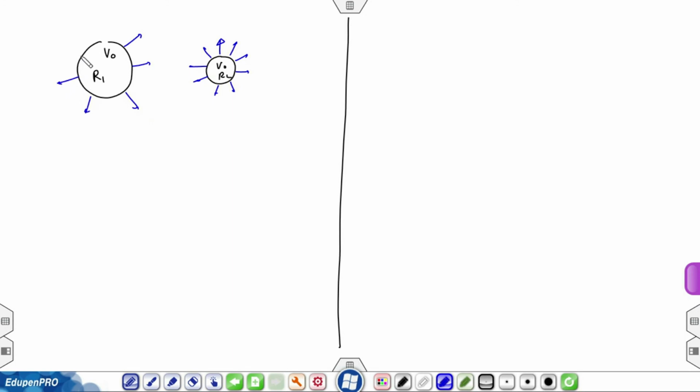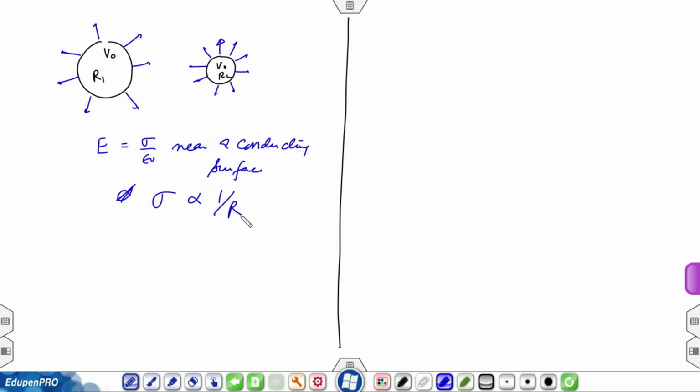Larger the radius for the same potential, smaller is the field on the surface. And remember, E is equal to sigma over epsilon 0 near a conducting surface. So, sigma is also proportional to 1 over r.